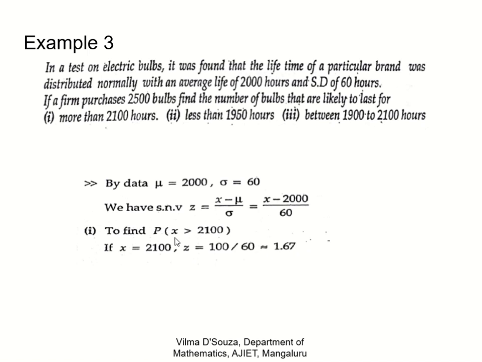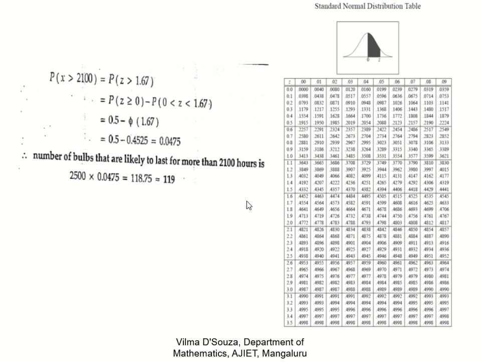So P of x greater than 2100 is the same as P of Z greater than 1.67.